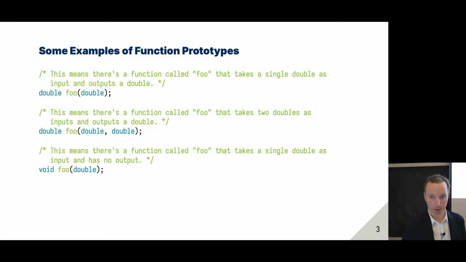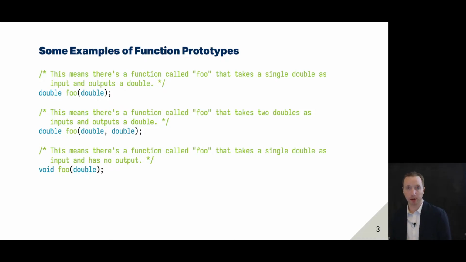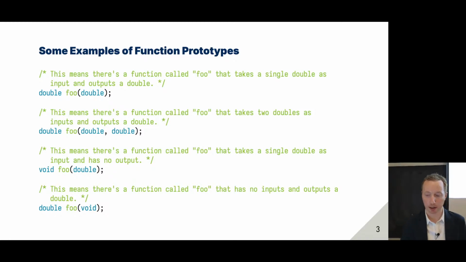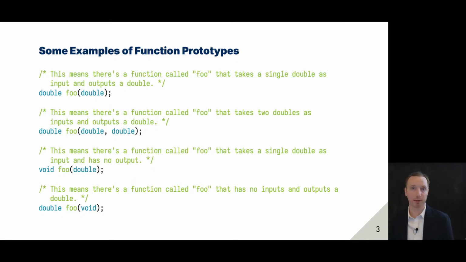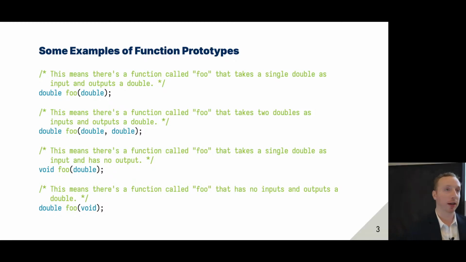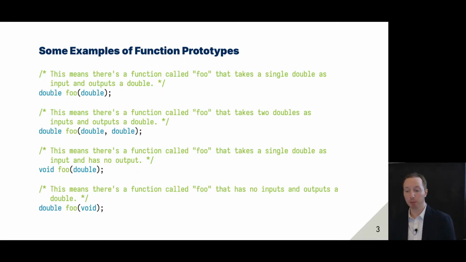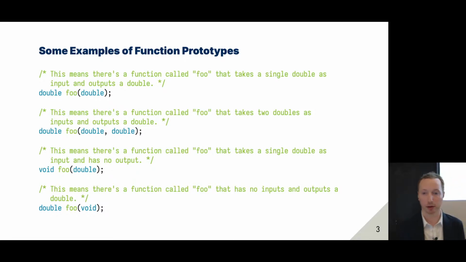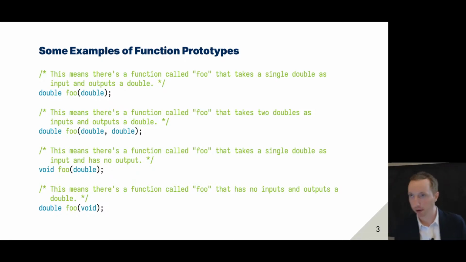That means there's a function called foo, takes a single double as an input, and has no output. And finally, I could have another function called foo. This time it goes double foo void. That means it has no inputs and outputs a double. Any questions about those function prototypes? All right, we are good.